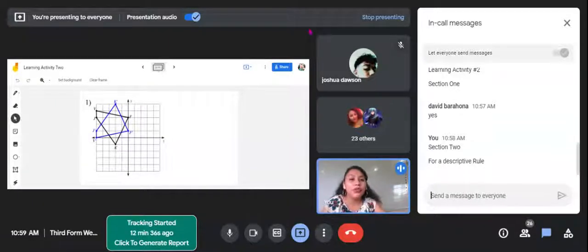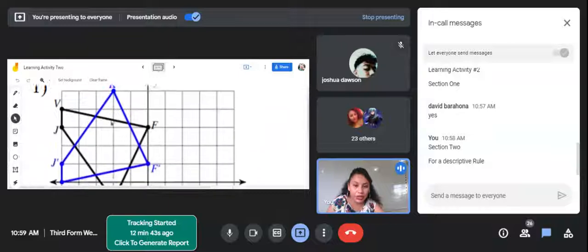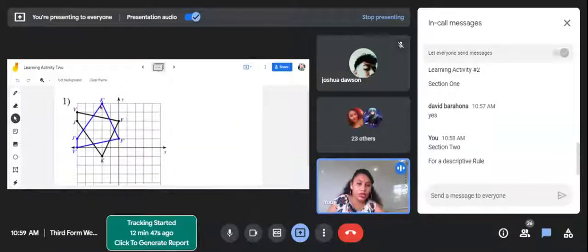All right. So if we look at this image, we have to analyze the image very carefully. Look at the reflection that is happening in this shape. The black shape is the original shape, and the blue shape is the reflection.